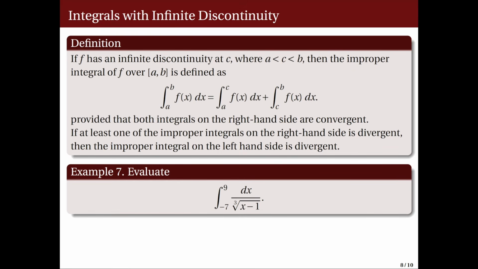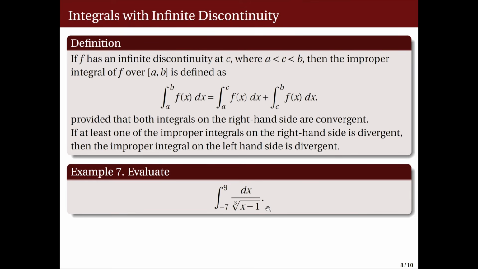Let's integrate 1 over the cube root of x minus 1 from negative 7 to 9. Inspecting continuity, it is discontinuous at x equal to 1, and 1 is between negative 7 and 9. It is continuous everywhere else.